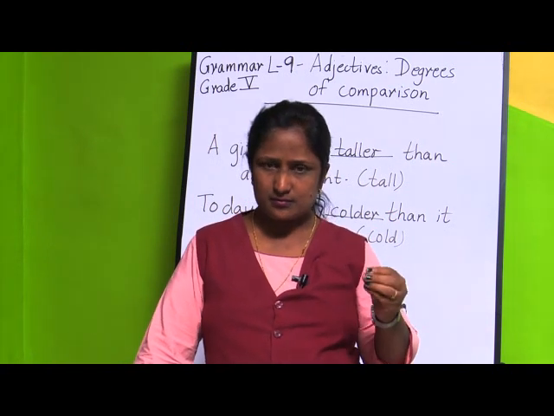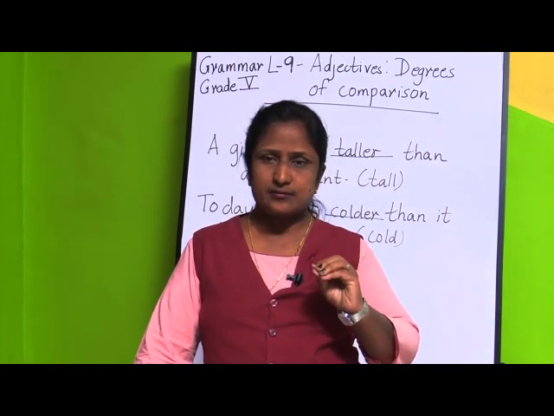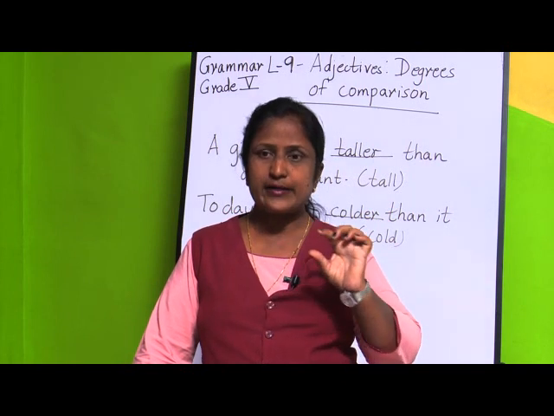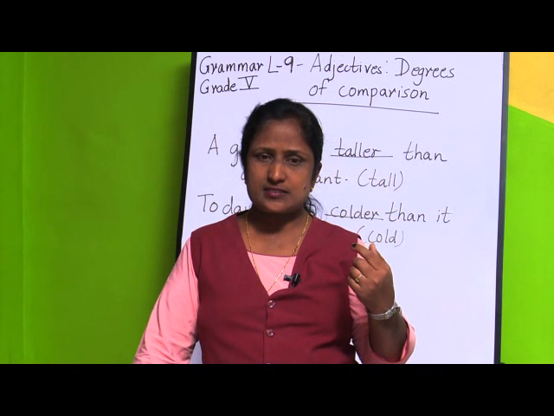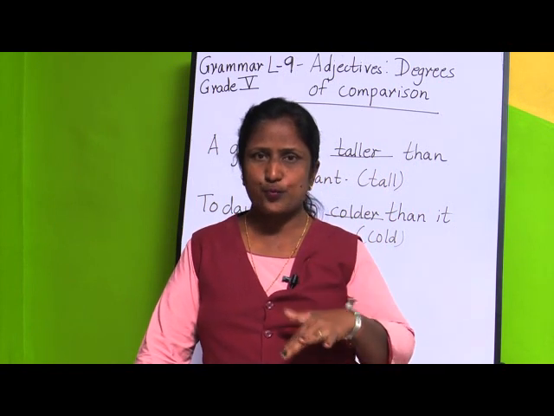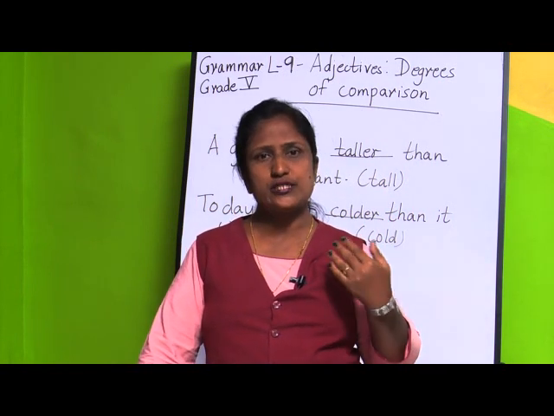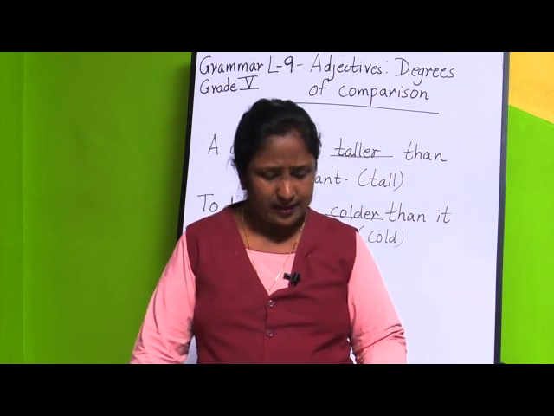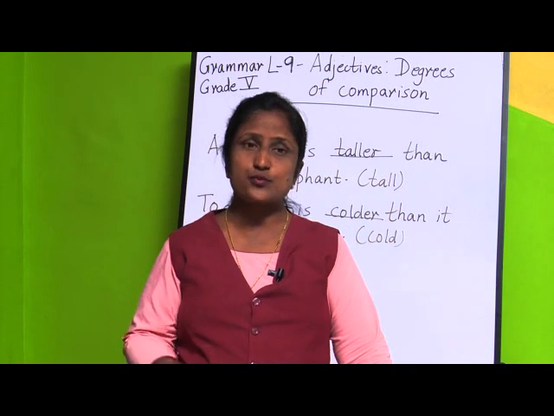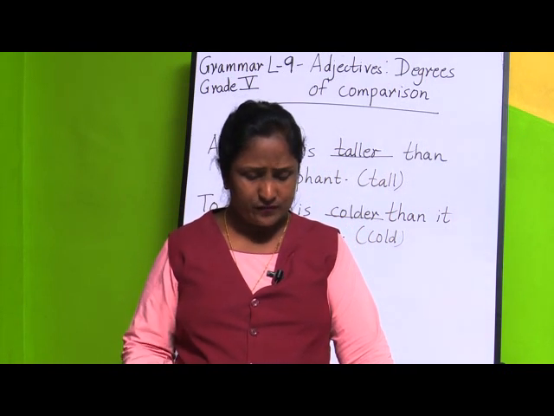You have to change it on your own. If it is comparative, you are going to change it into superlative. If superlative is there, you are going to change it into positive. So just go through the sentence properly and then you will know where to change which degree of comparison.